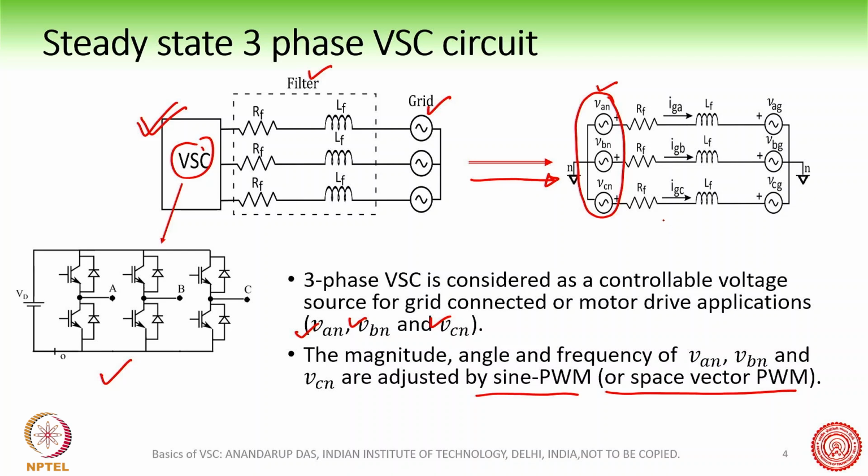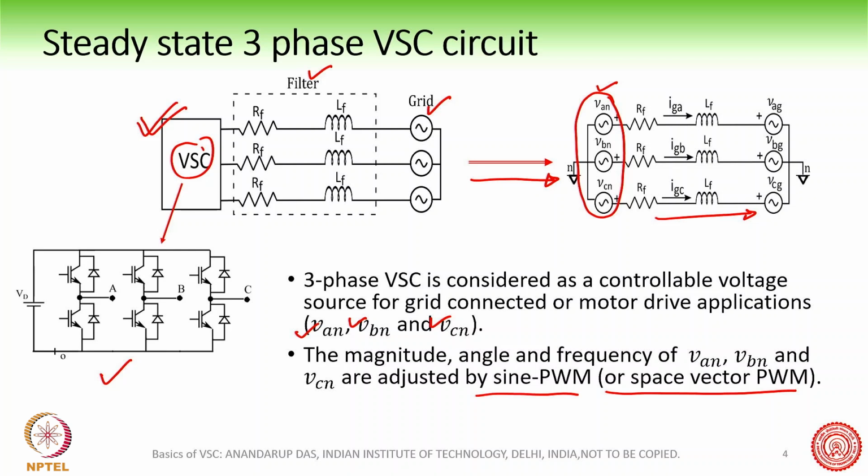Now we are going to connect it to the grid, and we will see at steady state how we can adjust this voltage source so that we can exchange a certain amount of active and reactive power with the grid. This will be the discussion today.